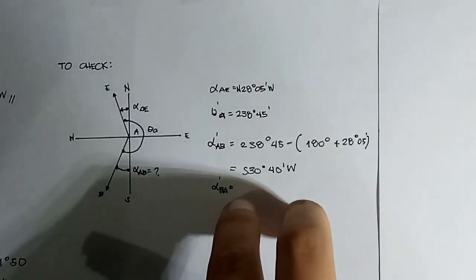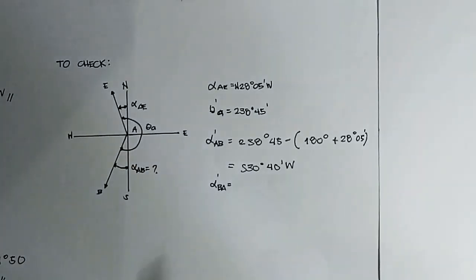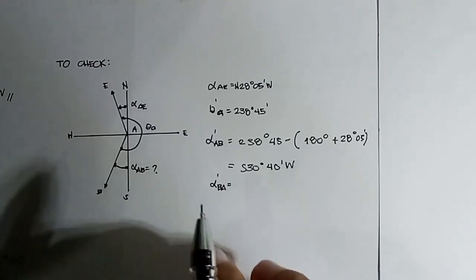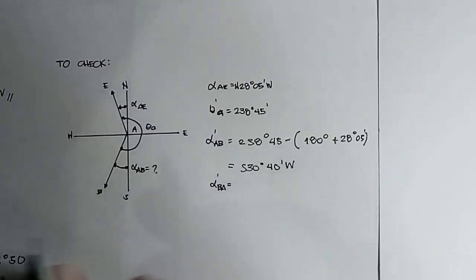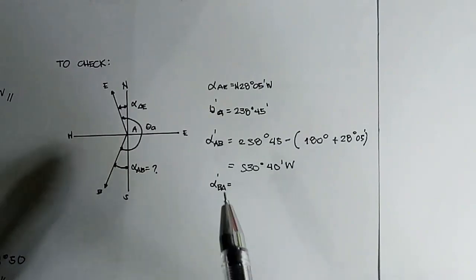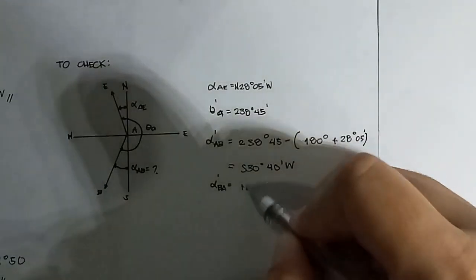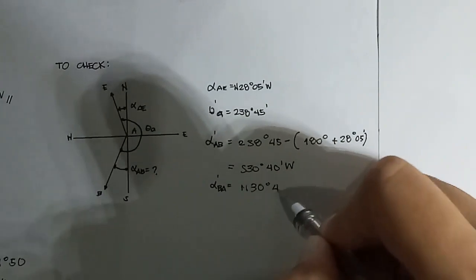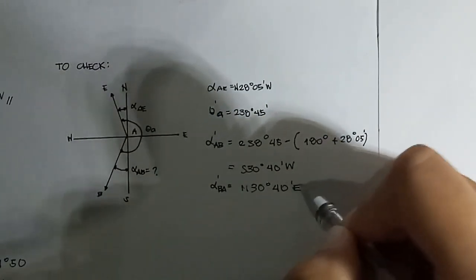So, kung tutugma siya doon sa ating nabigay na value ng baseline, ibig sabihin, tama yung nagawa nating adjustments sa lahat ng bearings. So, yung adjusted bearing ng BA ay north 30 degrees and 40 minutes east.